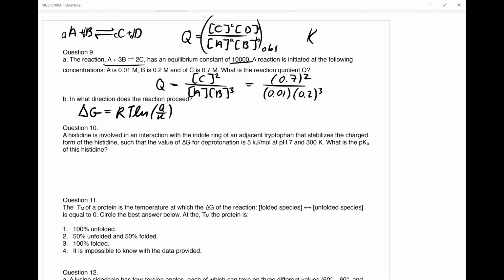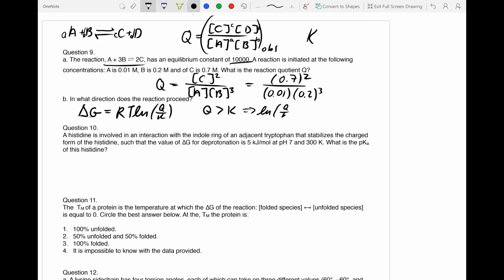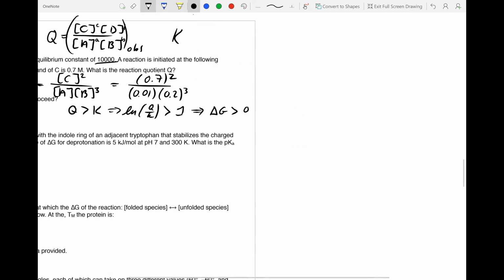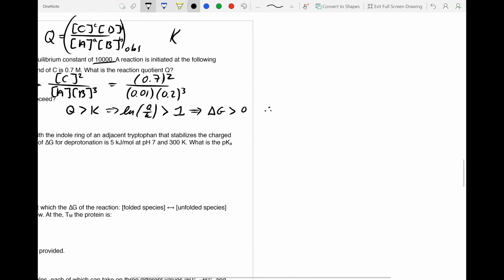Okay. So when Q is greater than K, we're going to have a positive number. So this implies that the natural log of Q over K is going to be greater than 1, and that implies delta G is going to be greater than 0, and therefore this is going to be non-spontaneous.